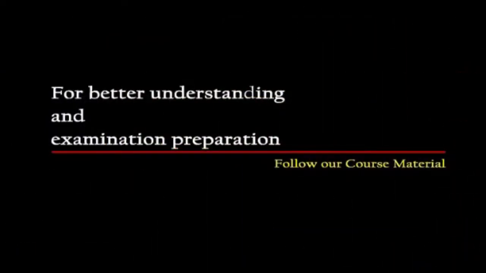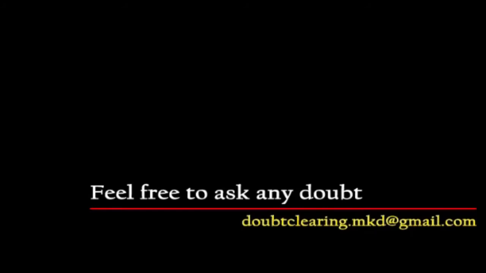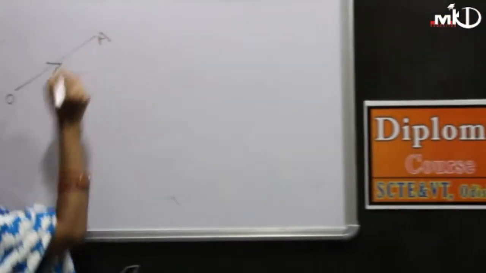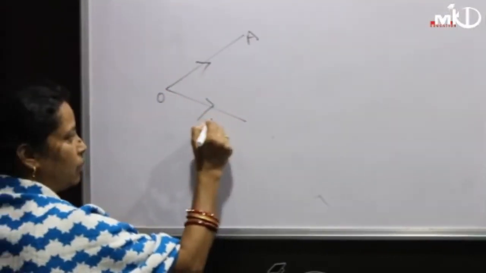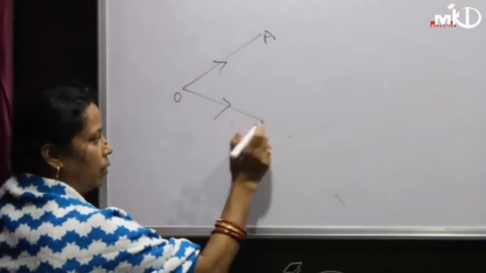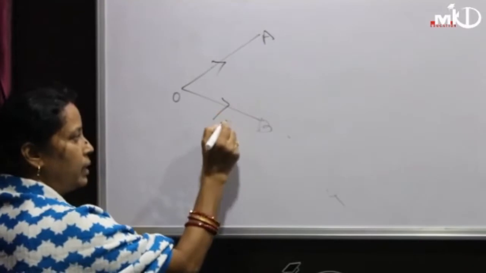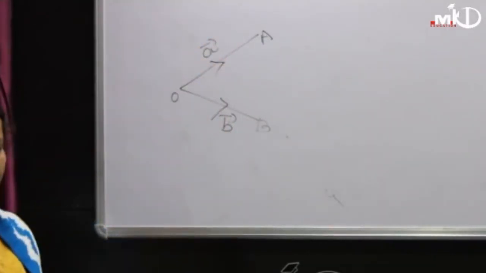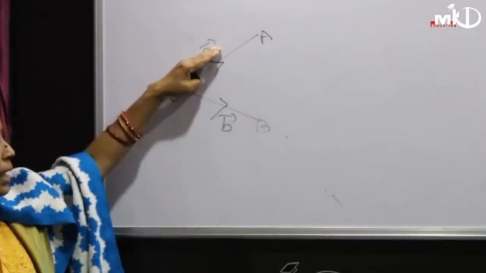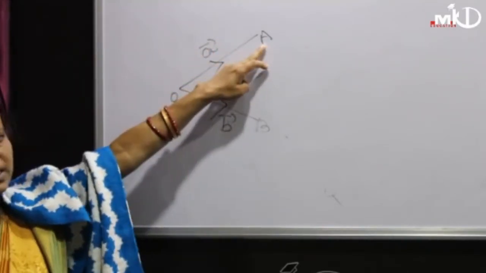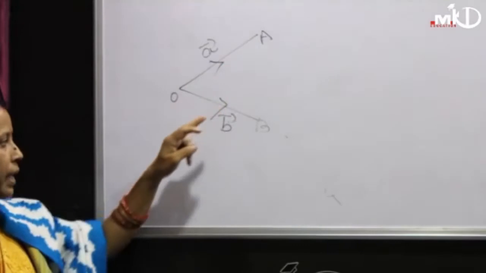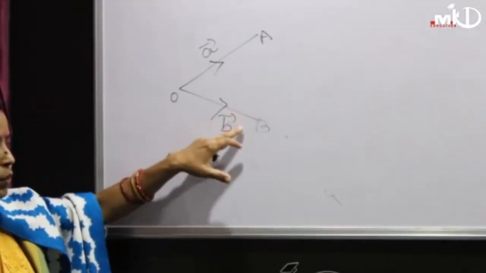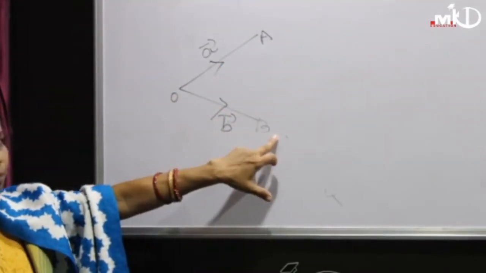Suppose we have the vector OA, which is equal to A bar, and OB, which is equal to B bar. Now A bar is the position vector of point A, and B bar is the position vector of point B.